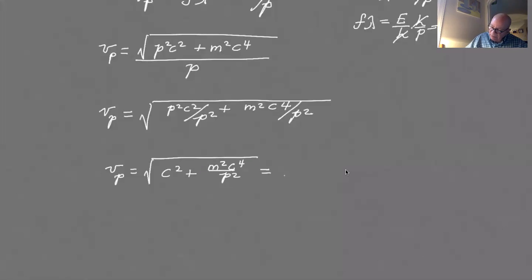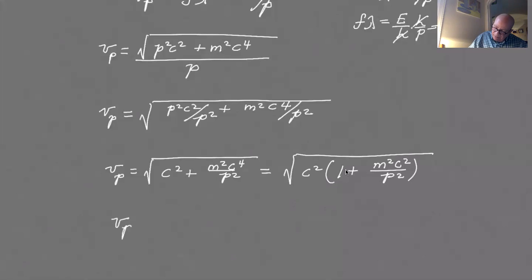I'll factor out a c squared: 1 plus m squared c squared over p squared. The phase speed is c times the square root of 1 plus m squared c squared over p squared.